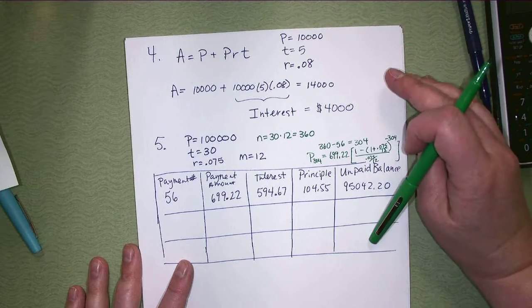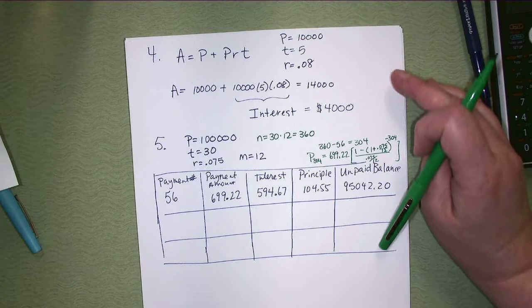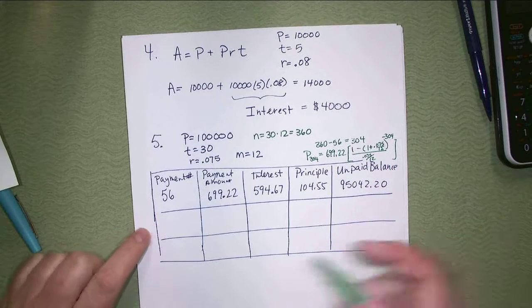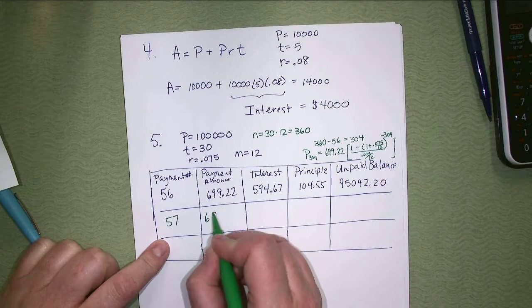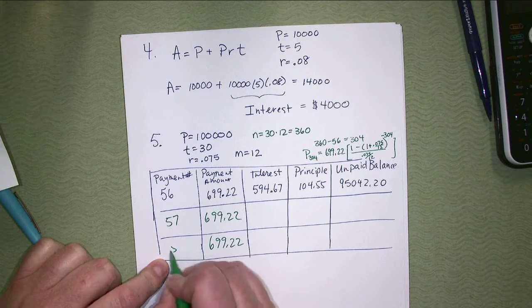Or no, it would be 303 and 30. Oh yeah, 303, right. Okay. To get those numbers, yeah, if we wanted the table, then this would be 57. This is always the same. And 58.